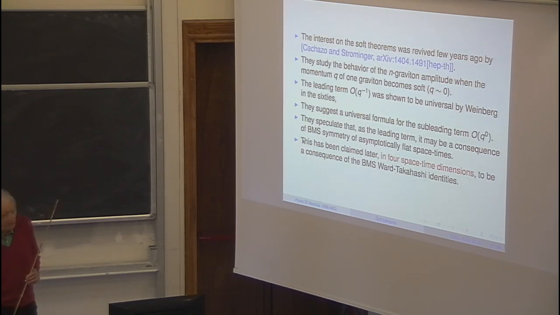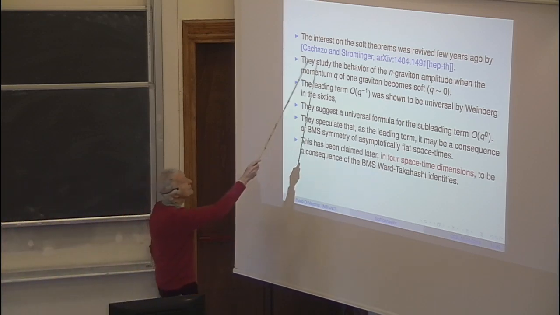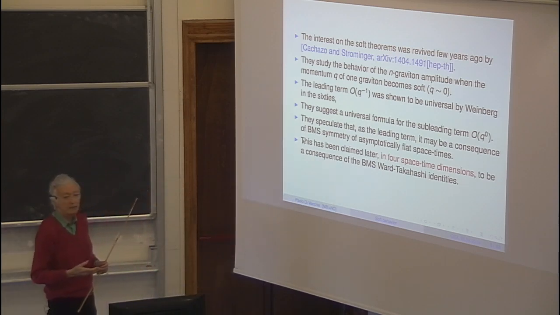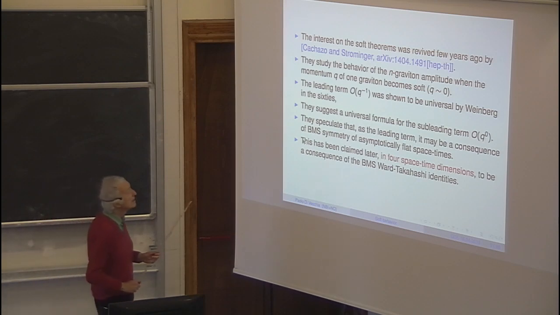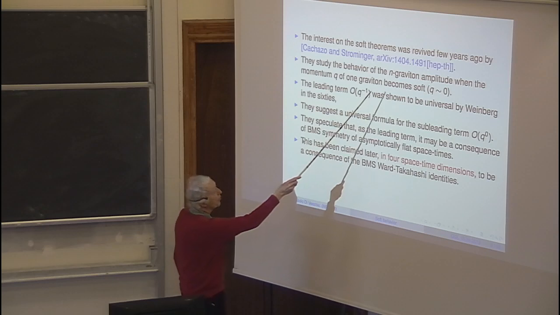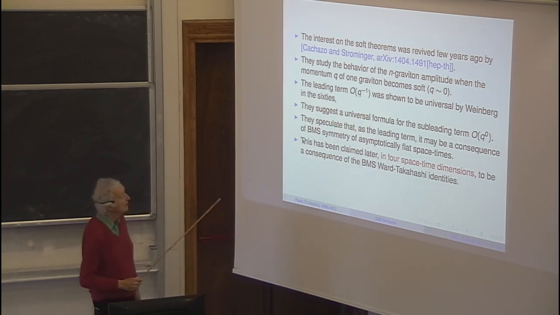Now, the interest in soft theorems was revived a few years ago by the paper by Cachazo and Strominger, and that opened the way to many papers that I'm not citing here. They studied the behavior of the n-graviton amplitude when the momentum of one graviton goes to 0.